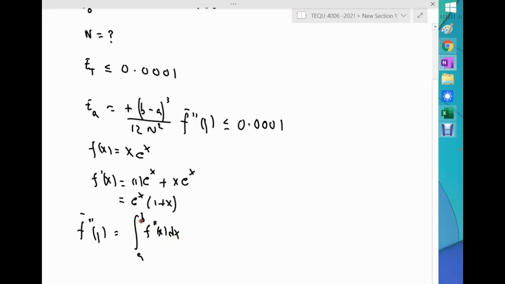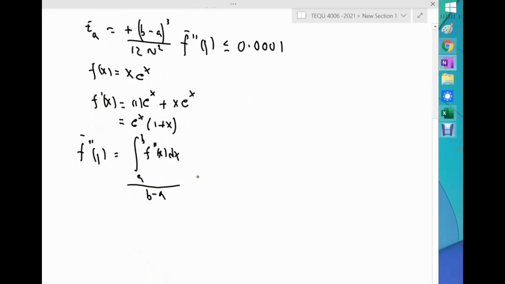I'm going to write it like this in general, and that divided by b minus a. If I apply that, that will be my first derivative, which is here. So basically this is the integral of that, e to the x times 1 plus x, and that's it.